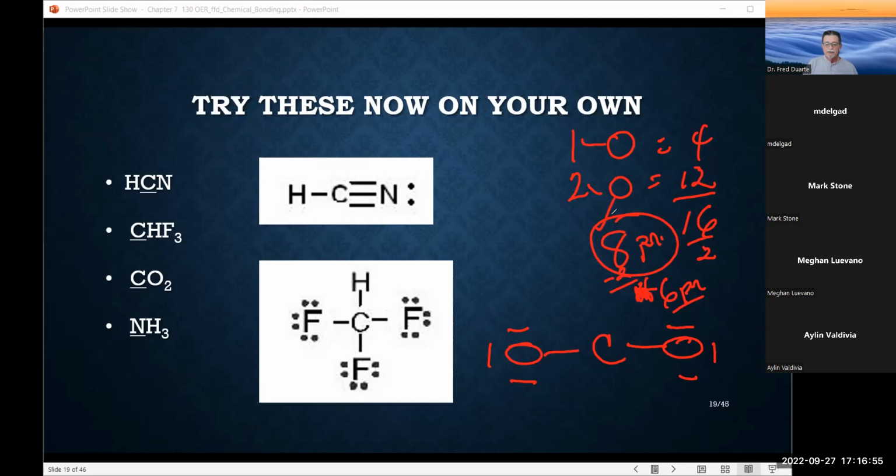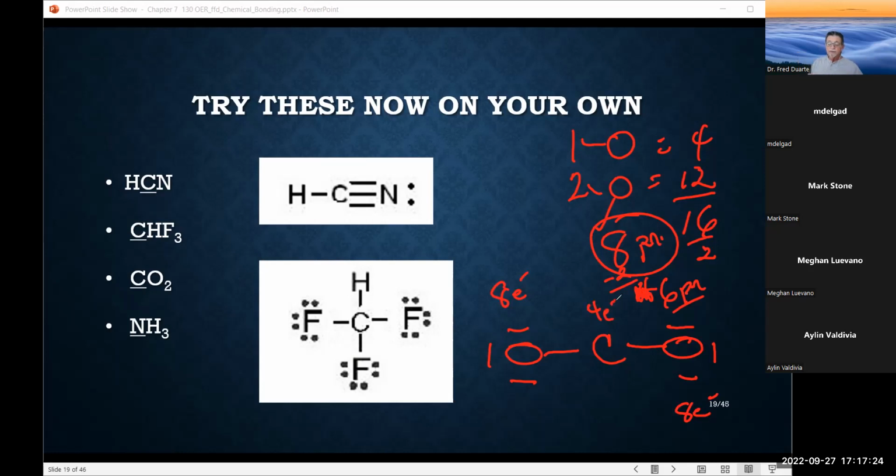Now I check my valence electrons. If I look at the oxygen on the left, there are 8. Octet's full. Look at the oxygen on the right, I got 8. I look at the carbon, I only got 4 around carbon, which are shared with the oxygen.